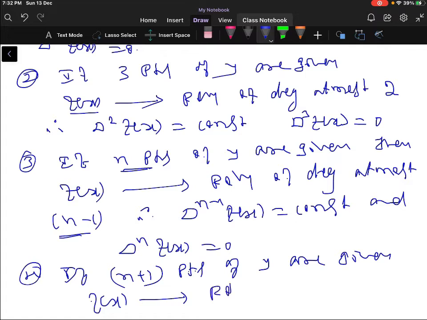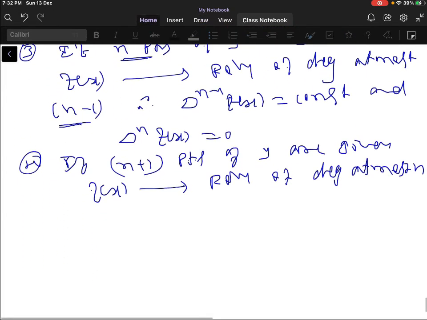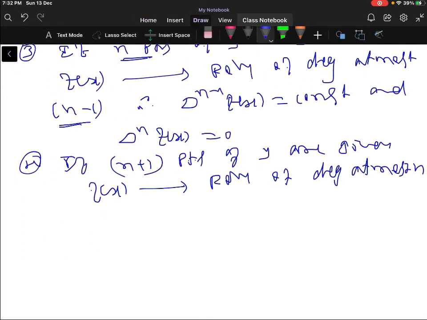Therefore, the nth forward difference of f of x is equal to constant, which we derived in the theorem, that is a naught into n factorial into h power n.